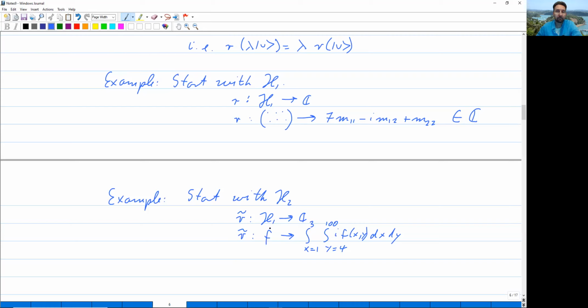The R tilde maps a function, that is to say an element of H2, into a complex number in this way. And as you can convince yourself, it does so linearly. If we take R tilde on the sum of two functions, f and g, we get just the sum of the output complex numbers. If we multiply f with a number, we can pull that out because the integrals are linear.